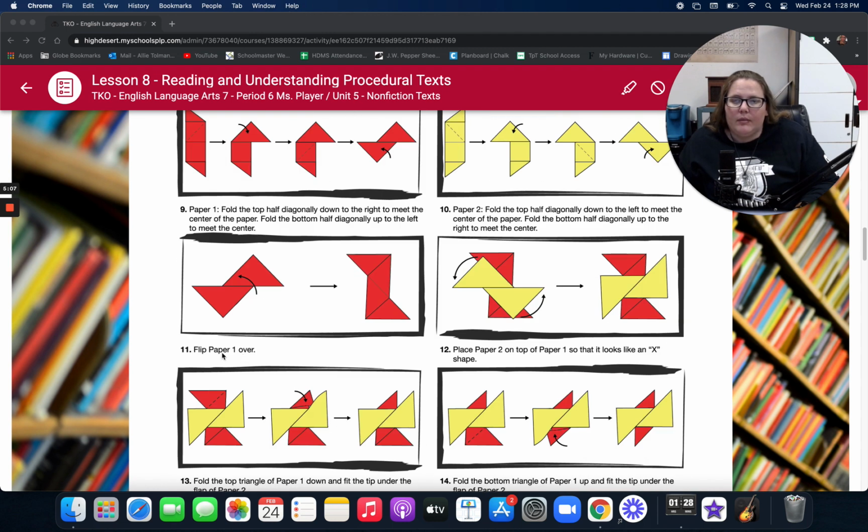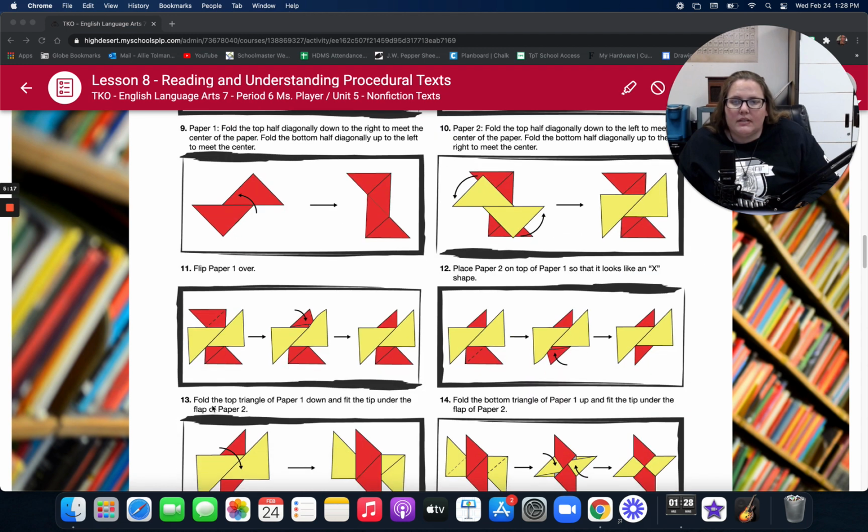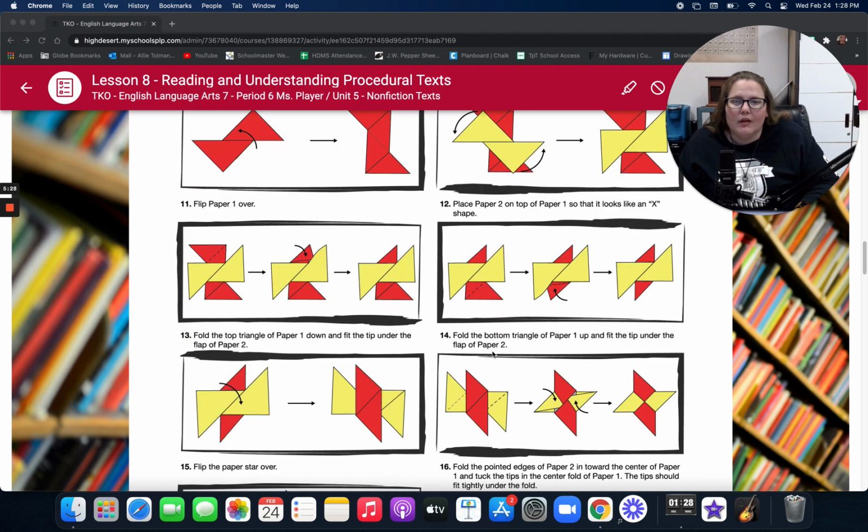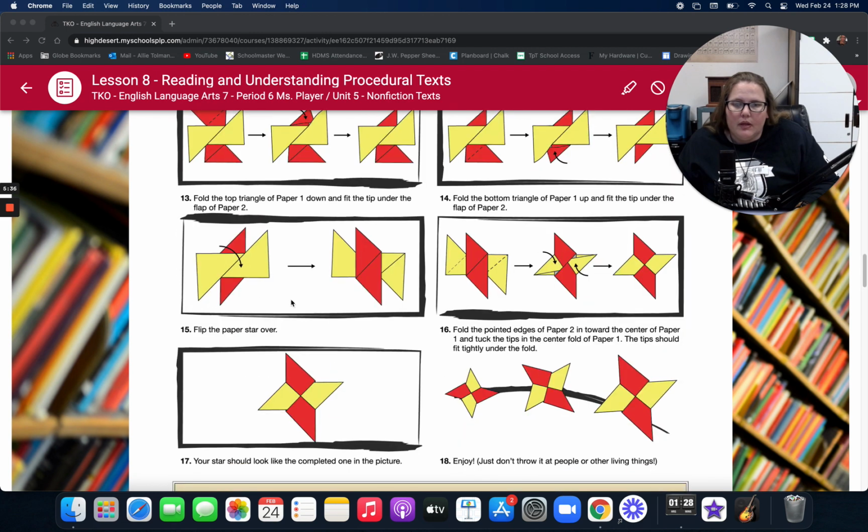Number 11. Flip paper 1 over. Number 12. Place paper 2 on top of paper 1 so that it looks like an X shape. Fold the top triangle of paper 1 down and fit the tip under the flap of paper 2. Number 14. Fold the bottom triangle of paper 1 up and fit the tip under the flap of paper 2. 15.